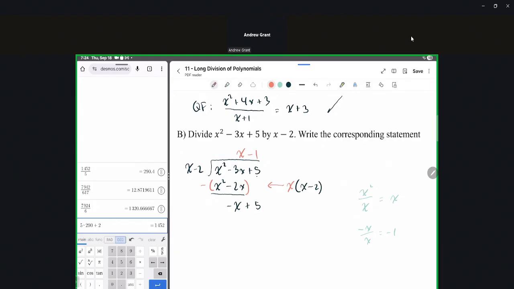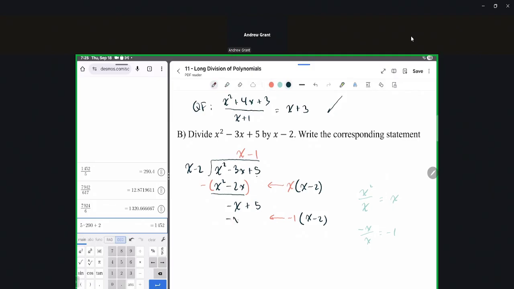And then on this line, we're going to write negative 1 multiplied by x minus 2. Okay. So when we do this, negative 1 times x is going to give us negative x.